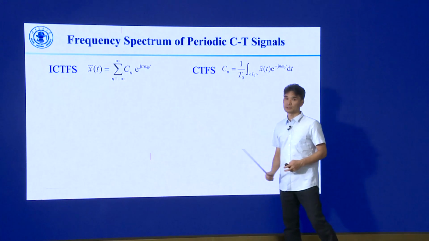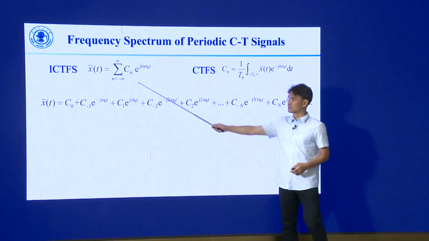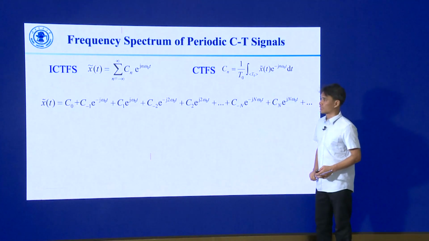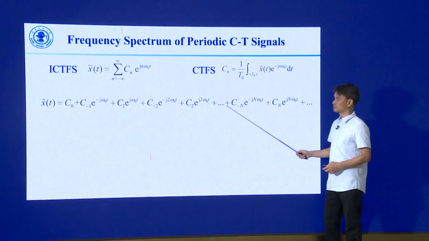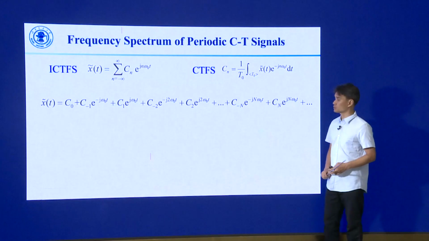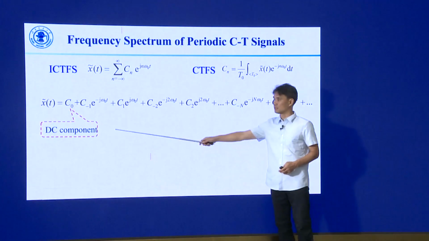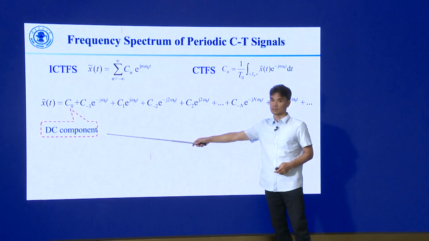time Fourier series. If we expand the inverse continuous time Fourier series, it can be written as an infinite number of terms in here. And those terms all have specific names. The first one is called the direct current component, the DC component.